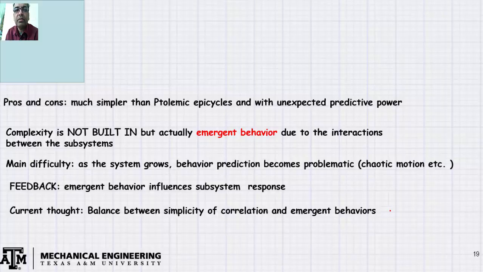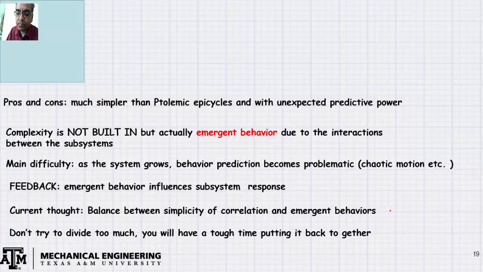I cannot go below this. That's how models work now. If you divide too much, you'll have a tough time putting it back together. And you may lose some very significant emergent behavior because you made a very slight simplification, but it gets magnified as you assemble more and more things. So that's a big problem.